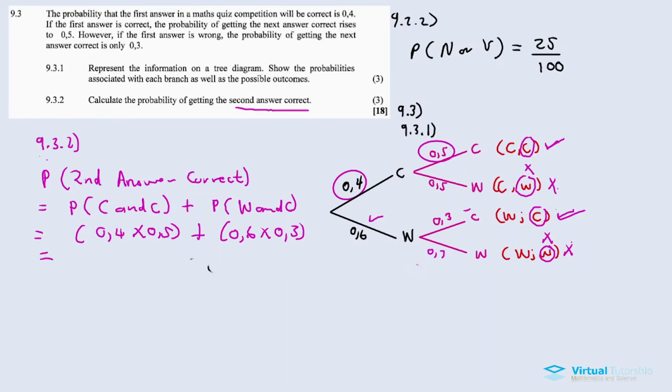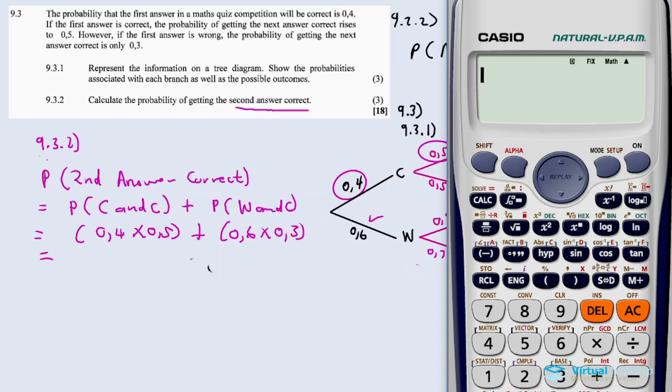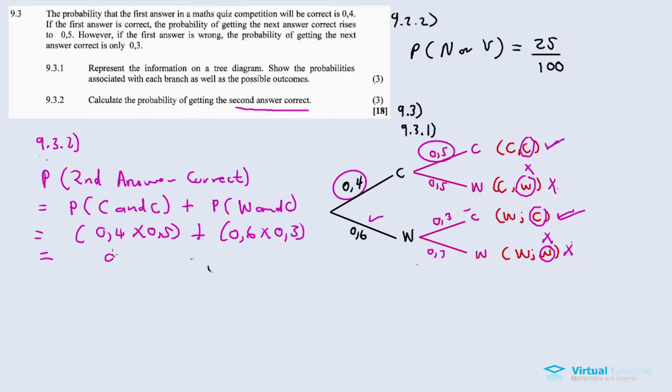So our answer will equal 0.4 times 0.5 plus 0.6 times 0.3. The answer is 0.38. This is the final answer for question 9.